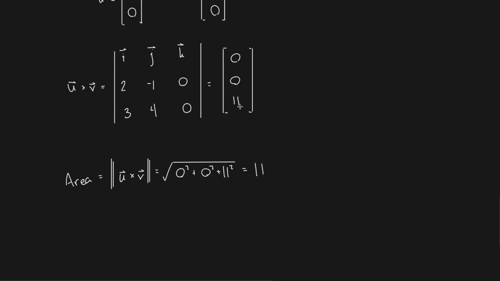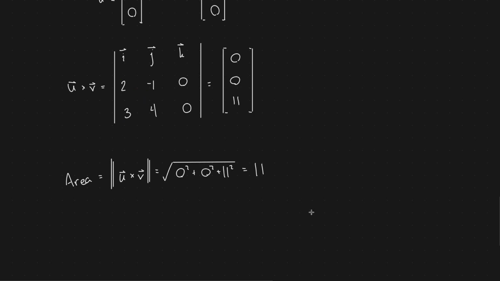But still, only this last number matters. How did I get that last number again? I multiplied these two numbers together, and then I subtracted what I get when I multiply these two numbers together. What does that look like? That looks a whole lot like a 2 by 2 determinant.